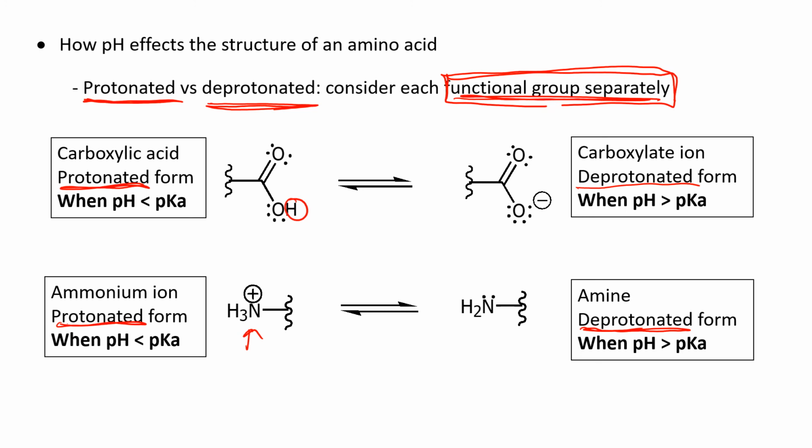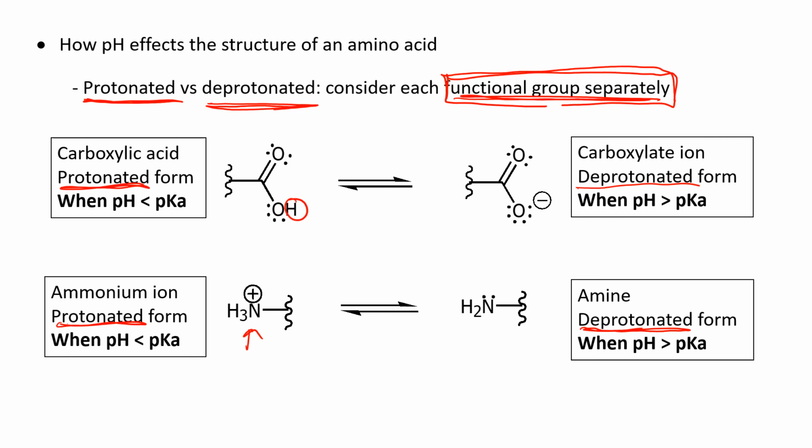Now, when do we see these? The protonated form of both the amine and the carboxylic acid occur when the pH of the solution is less than the pKa of that proton. The deprotonated form will predominate when the pH of the solution in which the amino acid is in is greater than the pKa of that proton.